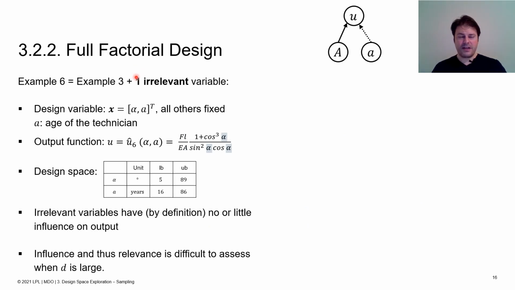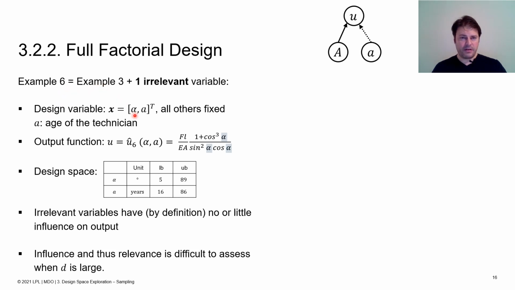Let us now study how variables with little influence can be detected. And we will do that by creating a design problem with one irrelevant variable. So this is the extreme case that is meant to represent what will happen with variables of little relevance.